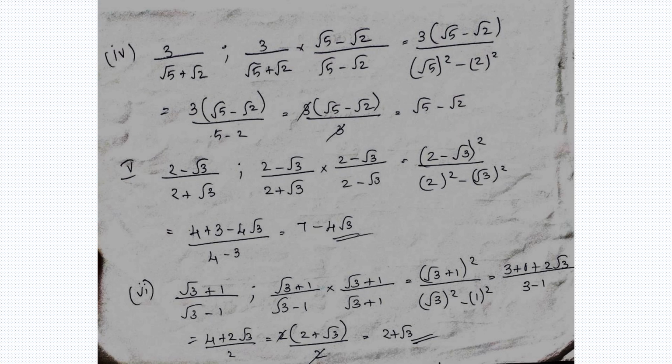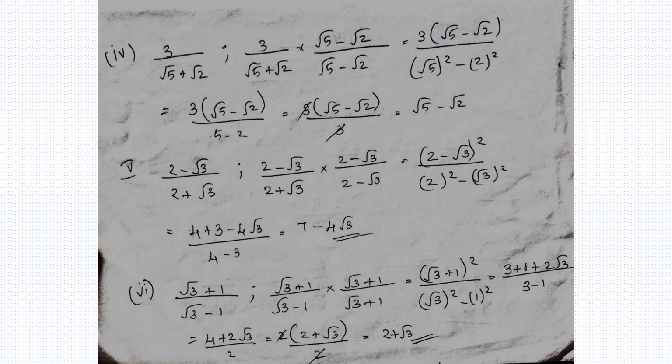Then denominator becomes 2 squared minus root 3 the square. Numerator is in the form of a minus b the whole square. So we know the formula, a minus b the whole square is equal to a squared plus b squared minus 2ab, by a squared minus b squared. So 2 squared will get 4, root 3 the whole square will get 3, 4 minus 3, 1. So the answer will be 7 minus 4 root 3.